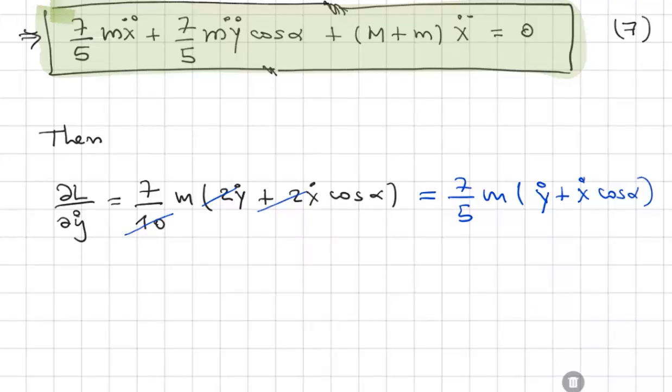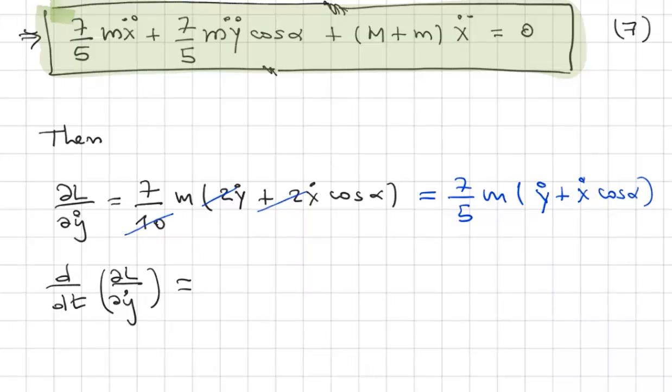Then the derivative with respect to time of this term, d/dt of dL/dy dot, is pretty easy.